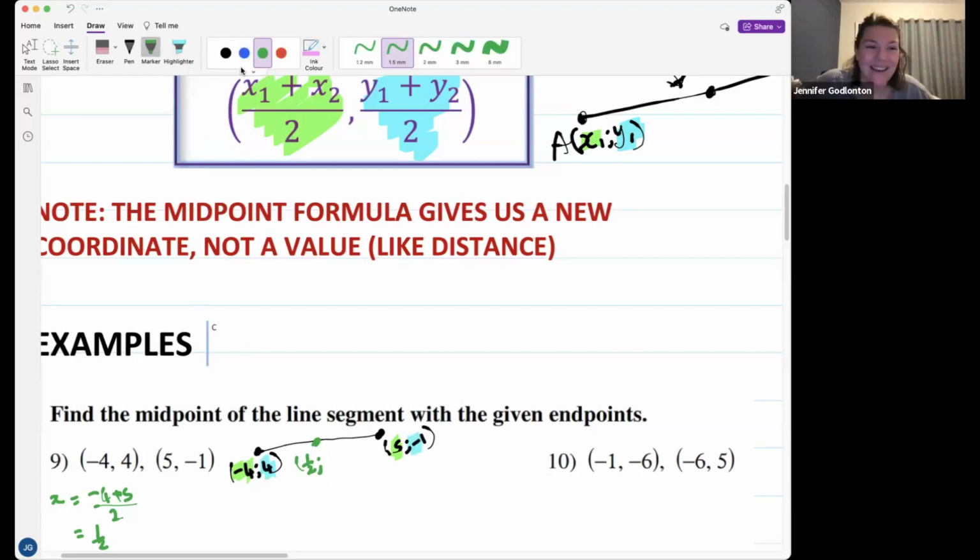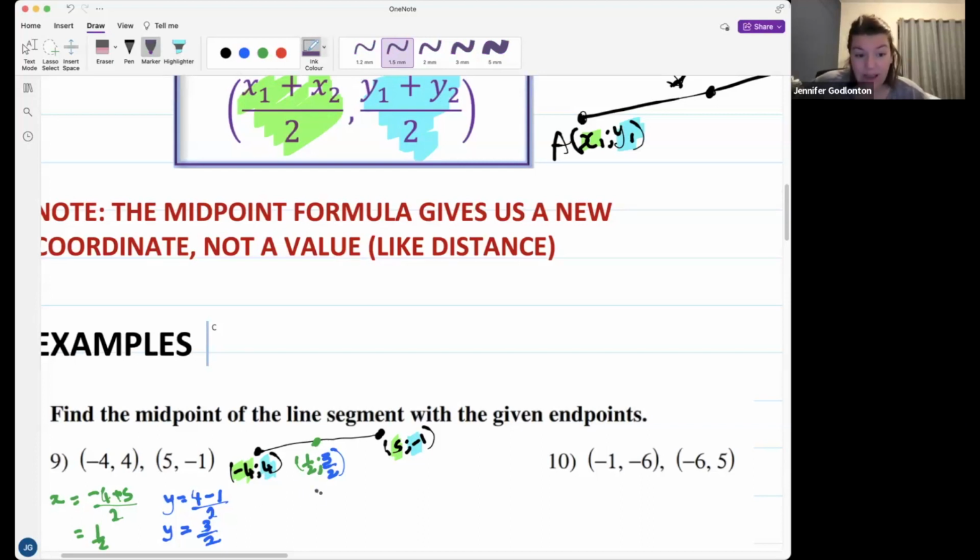Okay. Then we look at our y values. So for our y values over here, we can say y is equal to 4 plus minus 1 over 2. So our y value is going to be 3 over 2. And those are our coordinates. Done. You don't have to do them separately. I did them separately because I think it will help you later on, but you are welcome to do it as one long equation.